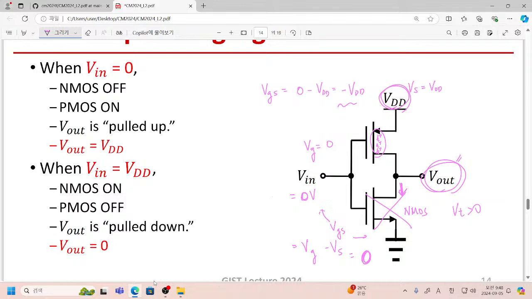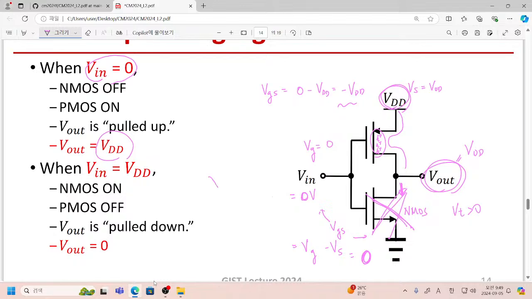So what will be the output voltage of our CMOS inverter? Because the PMOSFET provides a good electrical connection and the NMOSFET does not provide any electrical connection, the output is just matched to VDD. So simply speaking, when we apply 0 voltage to our input terminal, we will get VDD as the output node voltage.